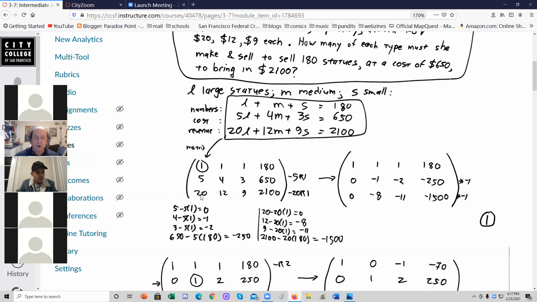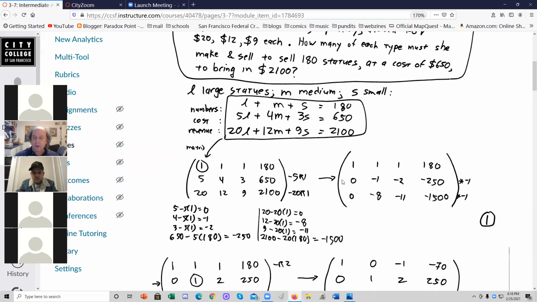For the third row, 20 minus 20 times 1 is a 0. Put a 0 there. 12 minus 20 times 1 is a negative 8. 9 minus 20 times 1 is a negative 11. And 2100 minus 20 times 180 is negative 1500. Put a negative 1500 here.